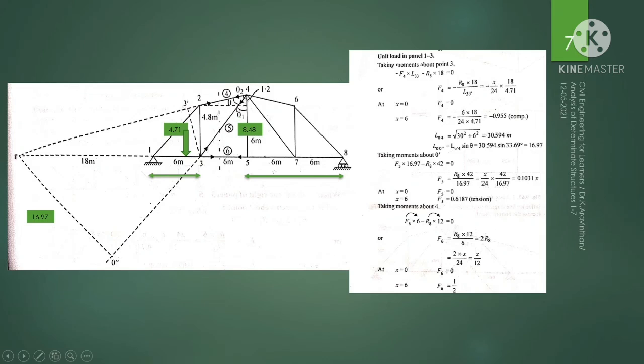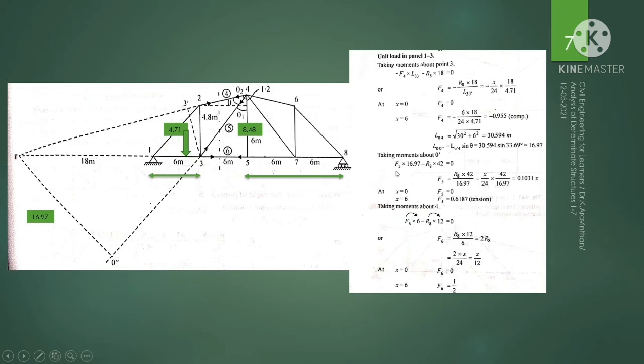So this is our force, and it has a perpendicular distance. This is going in the clockwise direction with respect to O dash, so plus F5 into 16.97.